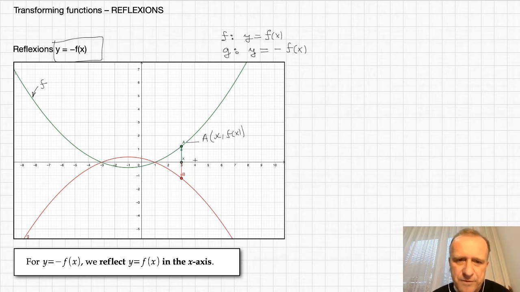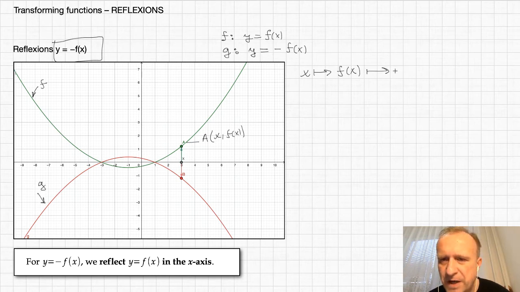And now we need to do the same for this point B on the graph of the function g. So this is the function g, the new function that we want to construct. Now to do it, we have to start with x. Now find the value f of x, so these two things define the point A, and then use this value of f of x and multiply it by minus 1.